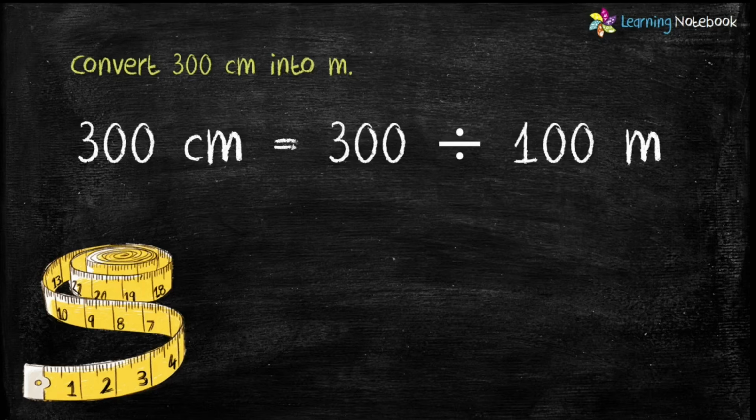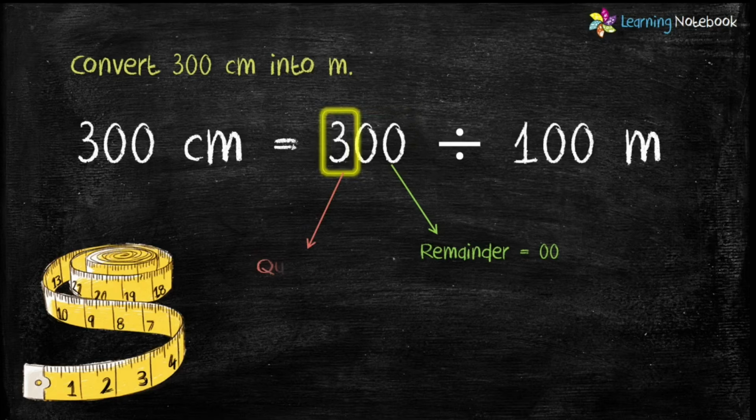And when a number is divided by 100, digits at ones and tens place make up the remainder, and rest of the digits make up the quotient. So in this case, remainder is 0 and quotient is 3. Therefore, our answer is 3 meter.